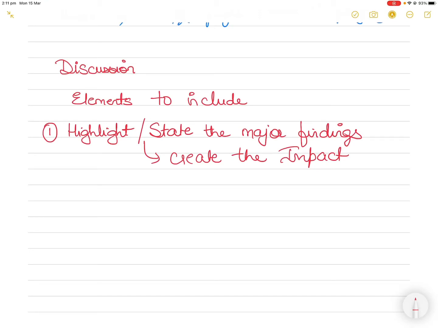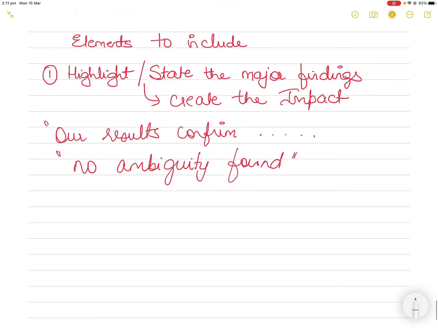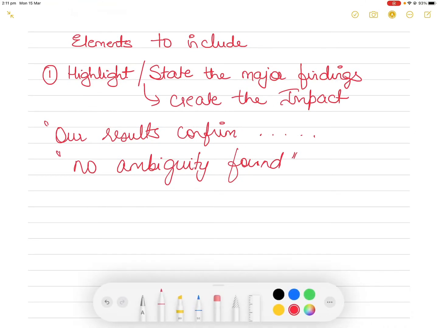All right, so here you can start with some sentence like, our results confirm something, in these words. All right, with no ambiguity found. Phrases and words like these will attract the attention of the reader.